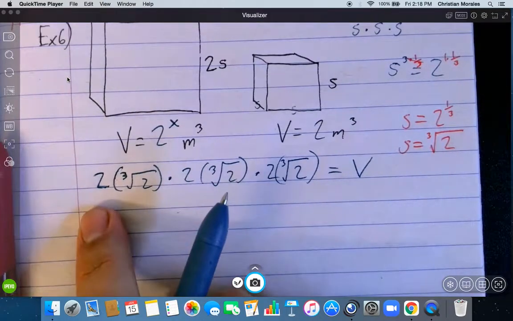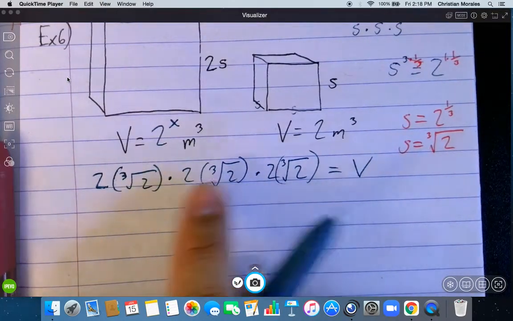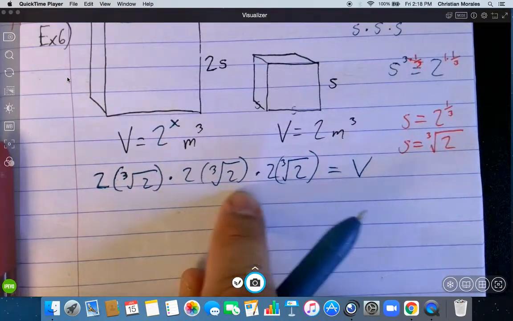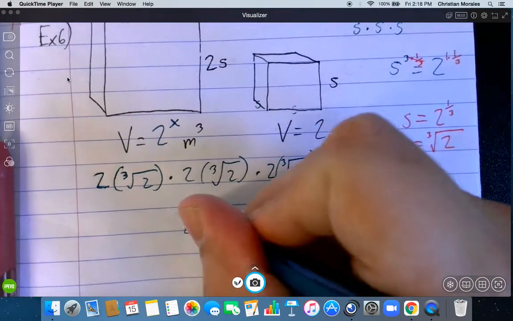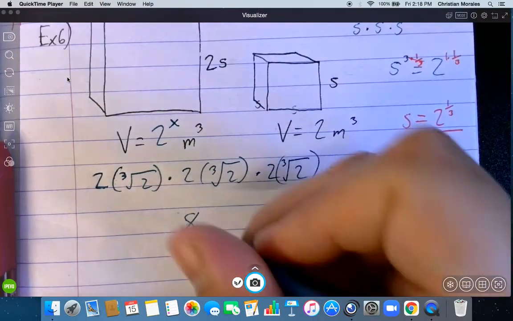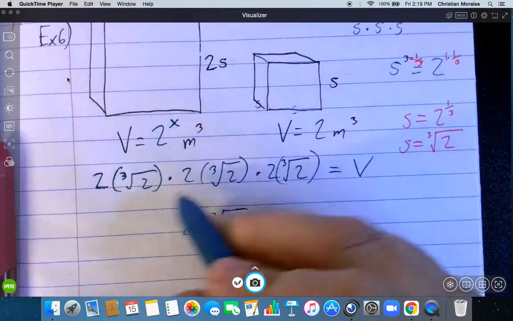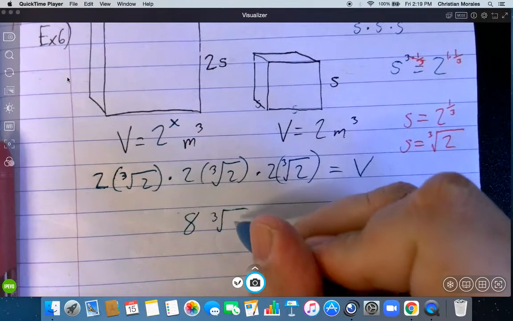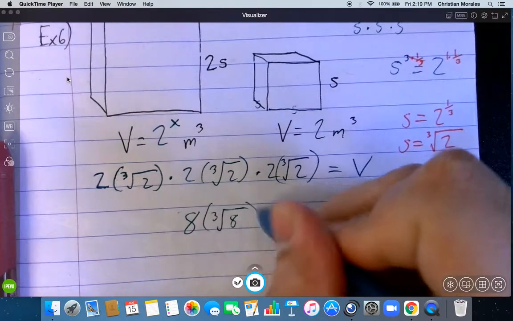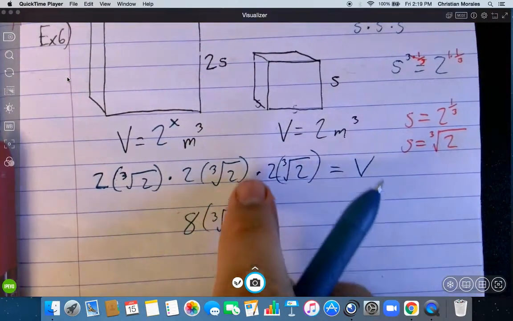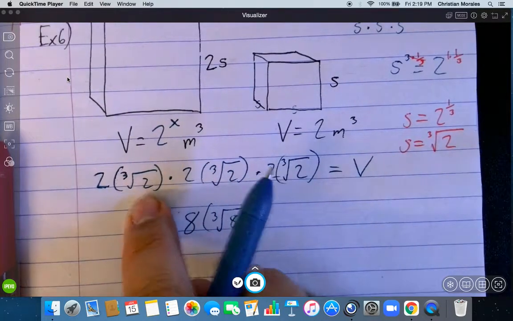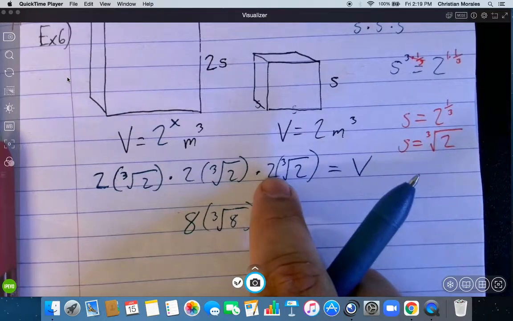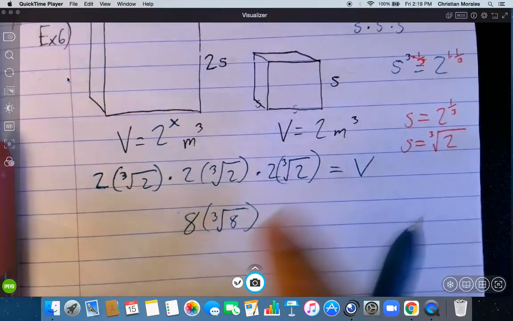All right, now these numbers are roots. The 2's on the outside are regular 2's. So 2 times 2 times 2, that's 8. Cube root 2 times 2 times 2 is also 8, but inside. So you can't multiply a root number with a regular number. The numbers inside the cube roots can multiply, and the numbers outside the cube roots can multiply.